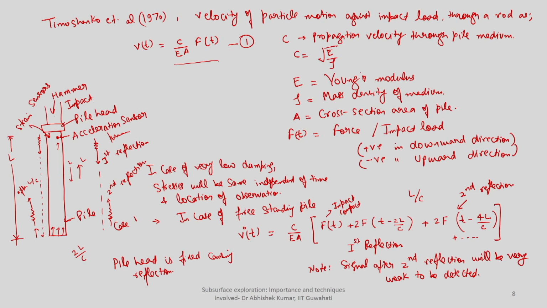Now, this is a very simple case where we have a freestanding pile. The solution to this equation, the previous equation, I should number it as equation number 2. So, the solution to equation 2 is called the free pile solution.